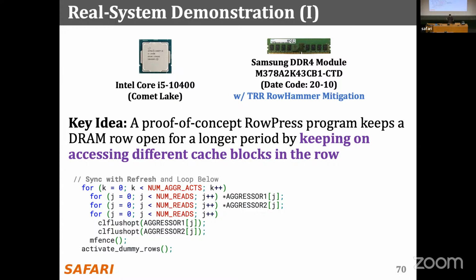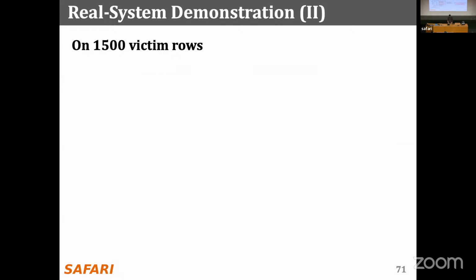By doing so, we effectively increase the row open time, which leverages RowPress to induce more Bitflips with fewer aggressor activation counts. Here, this num_read variable controls how many different cache blocks we access in a row, which roughly translates into how long the row is kept open.